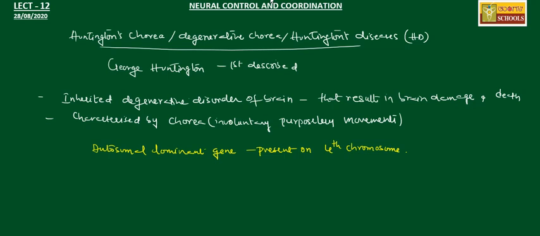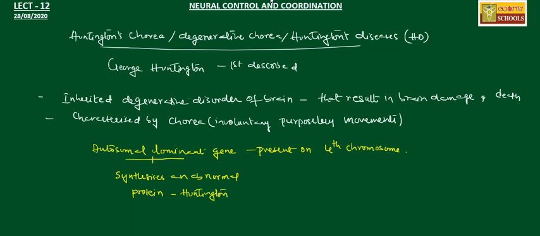This autosomal dominant gene is responsible for synthesis of an abnormal protein, and that is called Huntington protein.